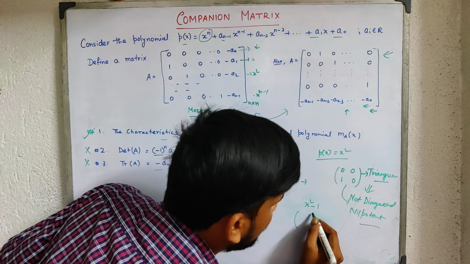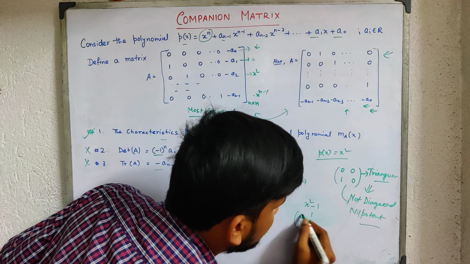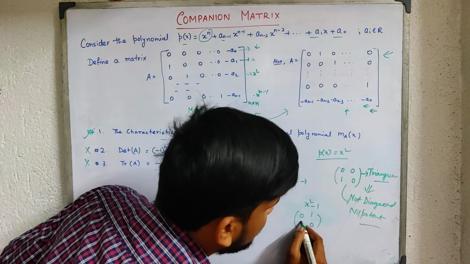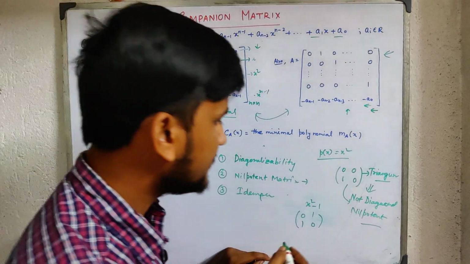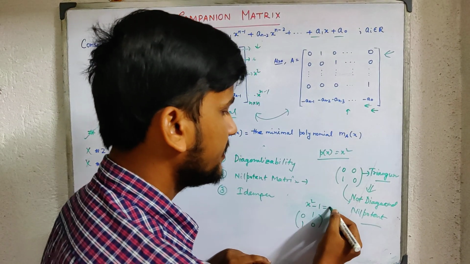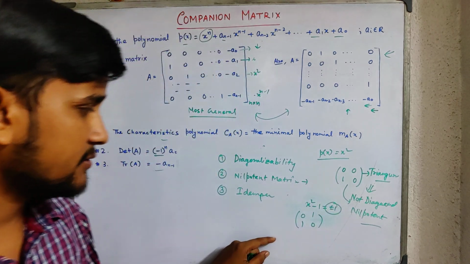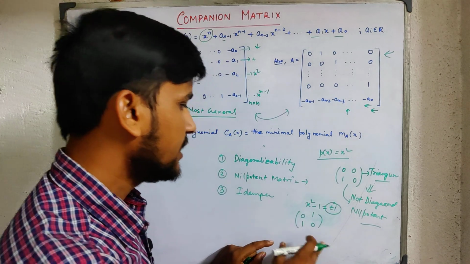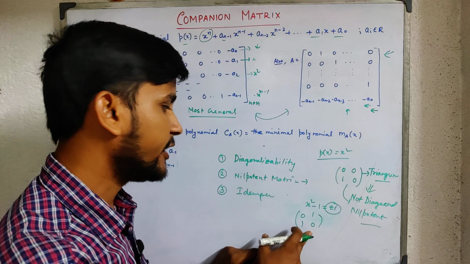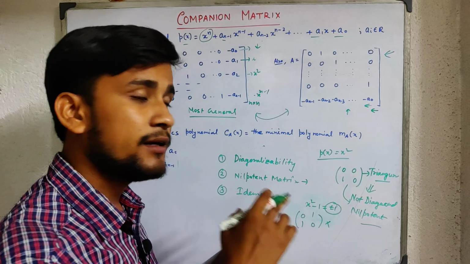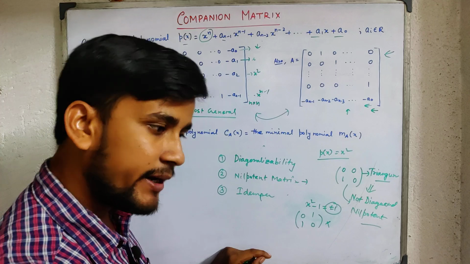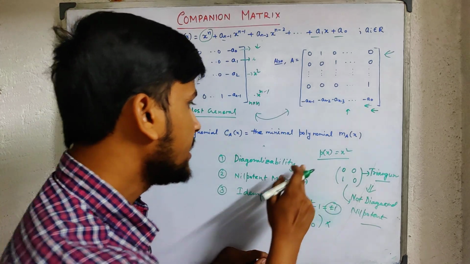Then the matrix is 0 1, 1 0. The eigenvalues of this matrix are plus minus 1, that is we get different eigenvalues, and this is not a nilpotent matrix. So the companion matrix may be a nilpotent matrix or may not be.